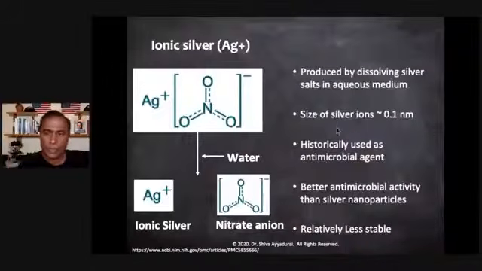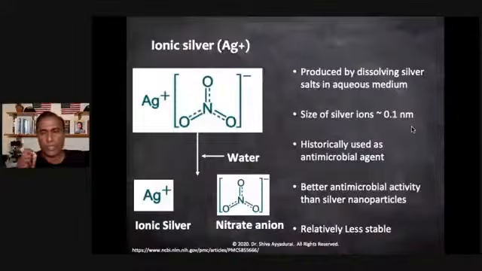And what's important to note is that the size of the silver ions, which is this right here, is about 0.1 nanometers, okay? Very, very small particle size, 0.1 nanometers, which is 10 to the minus 9th meters, a billionth of a meter.